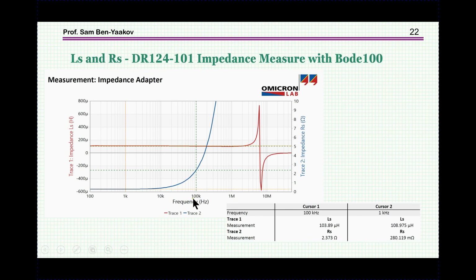But say at 100 kilohertz, it is already 2.3 ohms, so almost a factor of 10. Not to mention that beyond that, let's say if you work at 120 or 200 or 300 kilohertz, then of course you're going to have very, very large resistances.